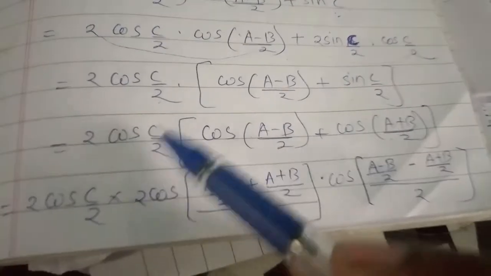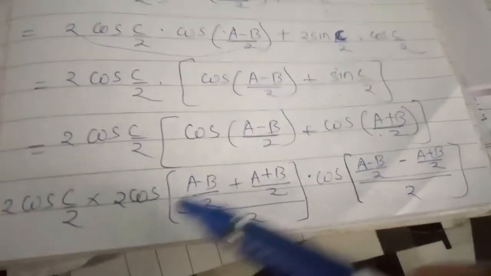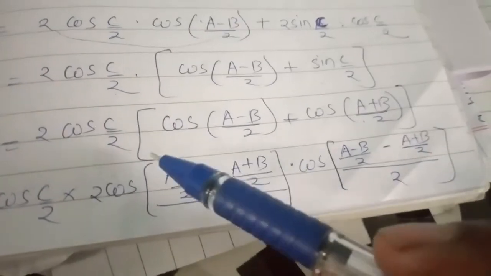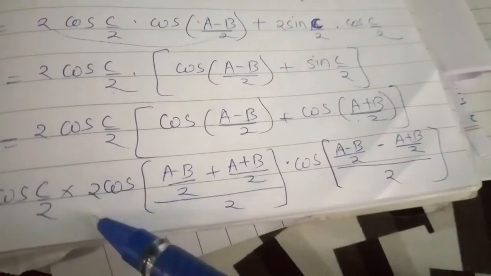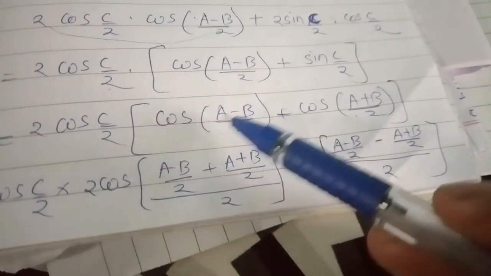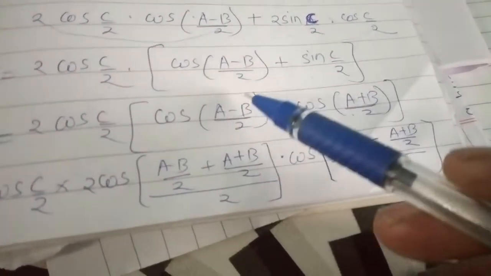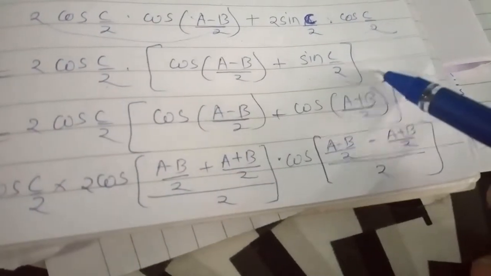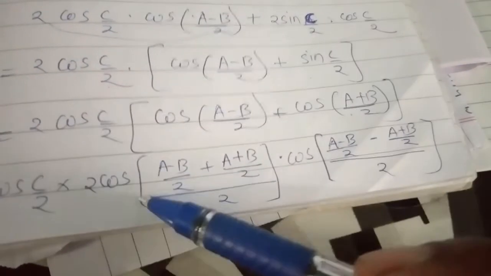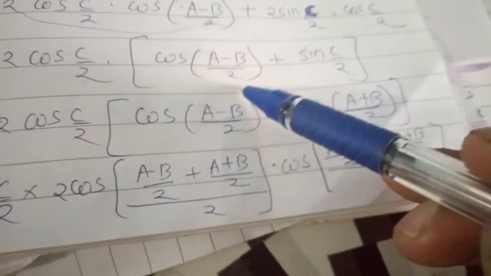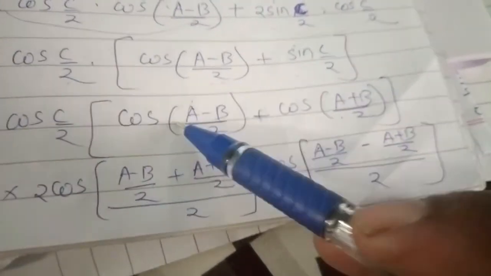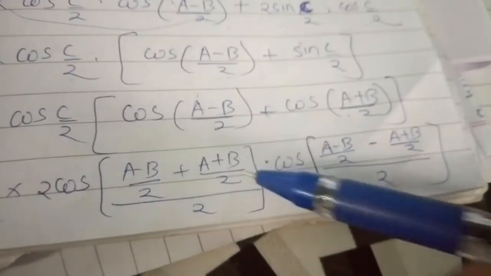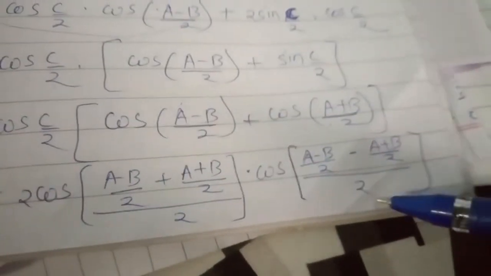Now 2 cos(c/2) into 2 cos, where we apply the formula for cos((a+b)/2) plus cos((a−b)/2). The formula, listen carefully, is cos C + cos D equals 2 cos((C+D)/2) cos((C−D)/2).